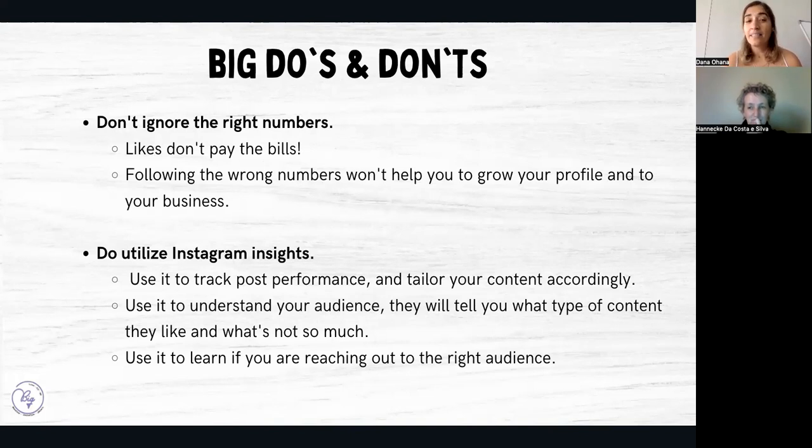If you're focusing on the wrong numbers, we won't be able to learn what our audience likes and what's not, how our performance is doing. We want to really be able to communicate and engage with the audience, because the audience will tell us everything. They're going to tell us what they like, what they don't like, what they want us to replicate, and what not so much.